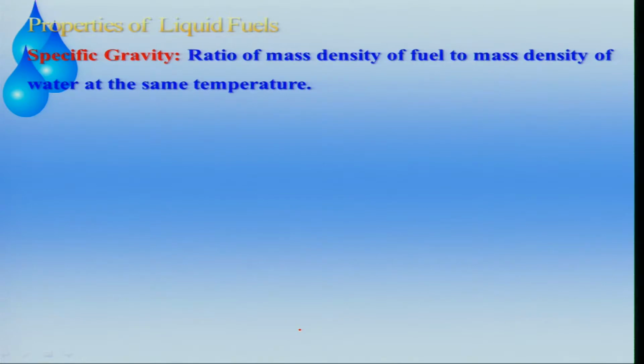And if you look at specific gravity, it is one property which all of you know. It is basically the ratio of the mass density of the fuel to the mass density of water at the same temperature. If I say specific gravity, it is the density of the fuel divided by the density of water at the same temperature.